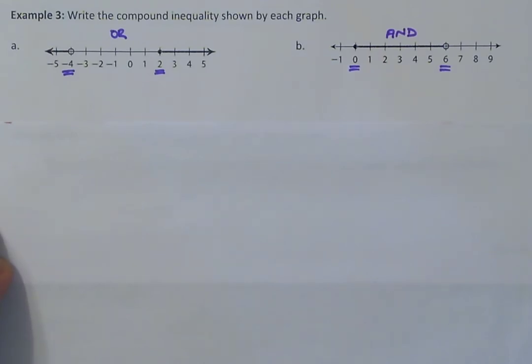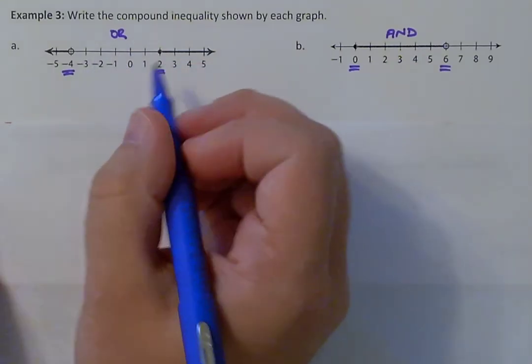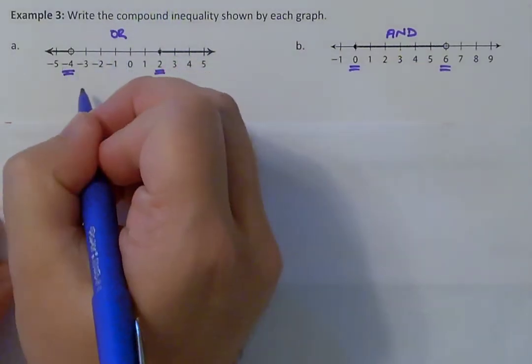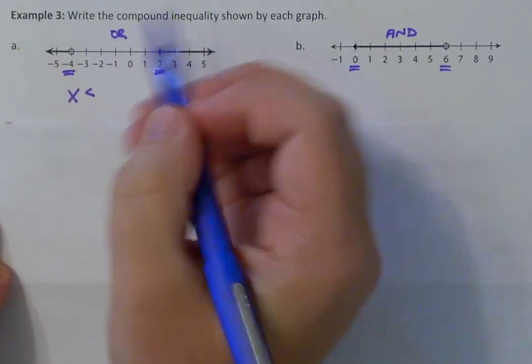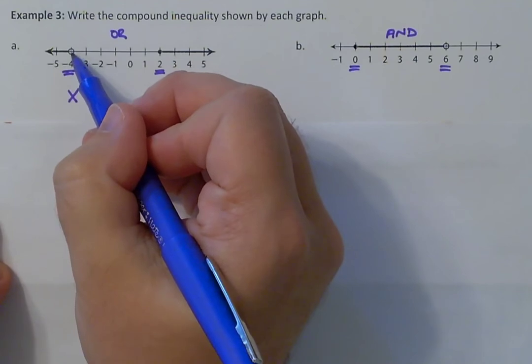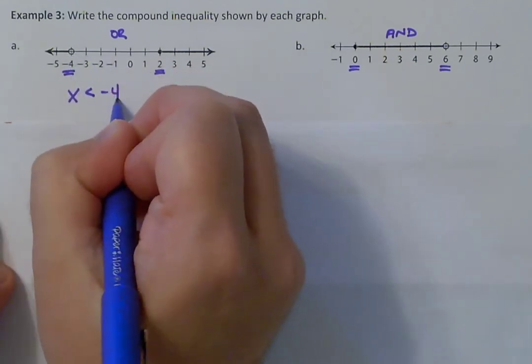Now, to go through and write these for example 3A, I would definitely use this as a reference or go back to my completed notes while you're doing the homework for guidance and just try to match what I have done. So if I go through and write this, it's x is less than, there's no equal to sign because it's an open dot, and then it's -4.